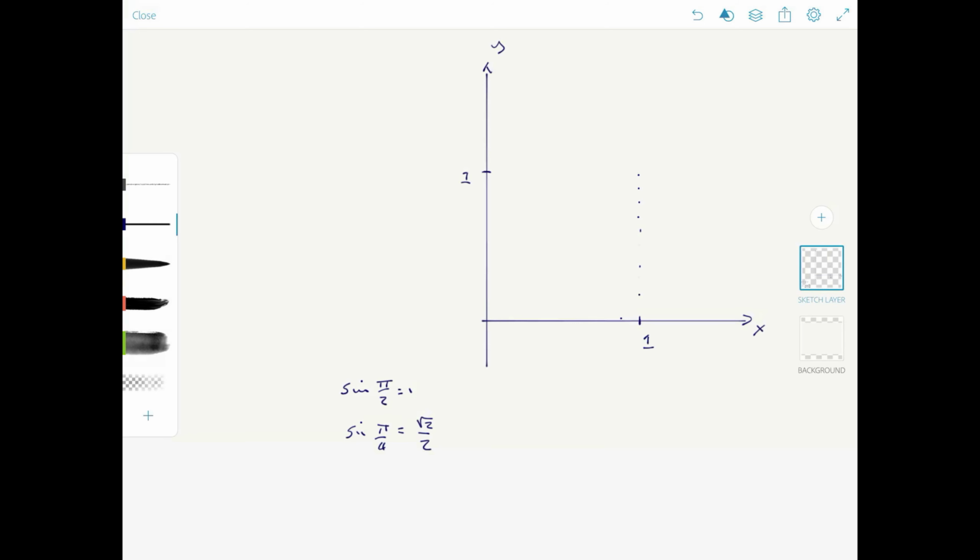the sine of pi on 2 is 1. So let's say that's 1. We can say that this is 1 on the x-axis, so we'll go 1 and 1.